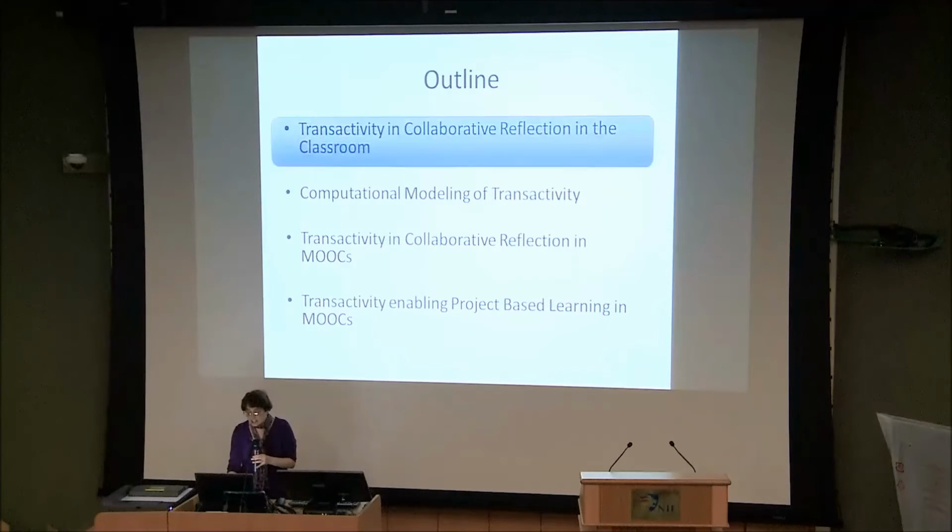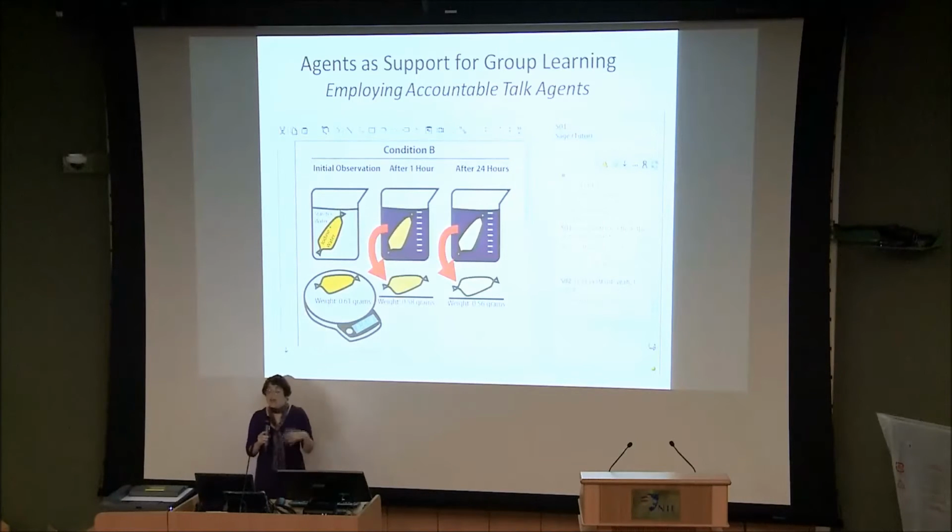I'm going to start with talking about how we've used this in a classroom context. This comes from a study in 9th grade biology. We worked with a school district, an urban school district in the United States that was a troubled school district. And in that district, we worked at 2 different levels.